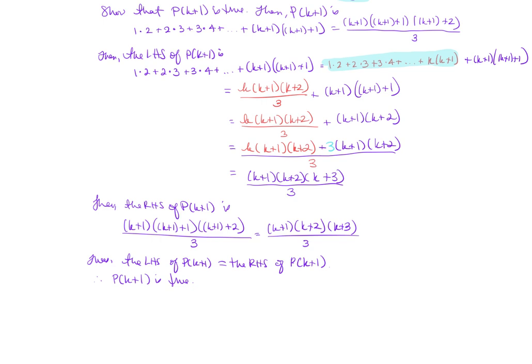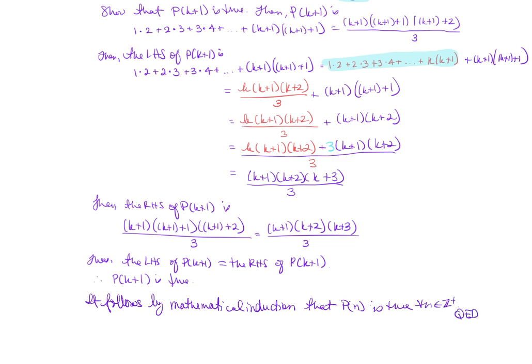And we would say then for our final conclusion, it follows by mathematical induction, that p of n is true for all n in the set of positive integers, and we are finished.